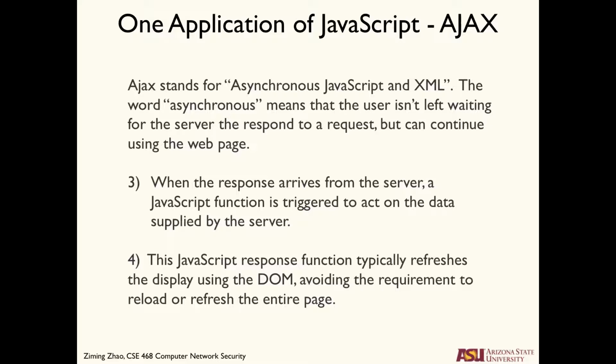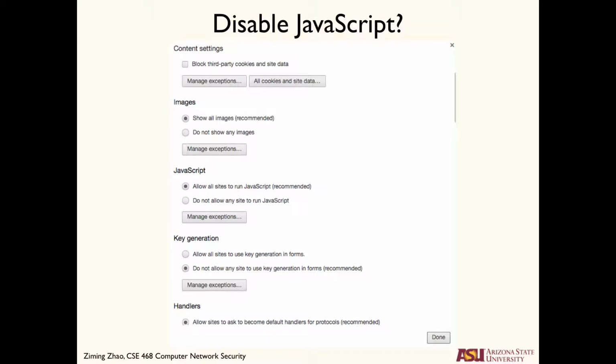So you see JavaScript is very important. AJAX is very important. All the websites we are using now use JavaScript. So if you want to stop a JavaScript injection, one very simple way to do that is to just disable JavaScript on your browser. All the browsers we have offer this option.